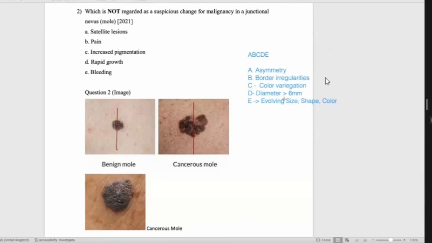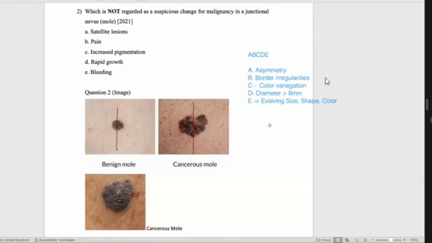And then the next thing is evolving size, shape, color. When it talks about evolving size, they might say, okay, you have John. John had a mole. He never found any problem with it. But then for the last month or so, the mole has been increasing in size. That's evolution.